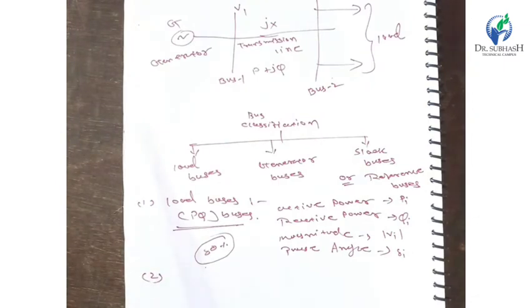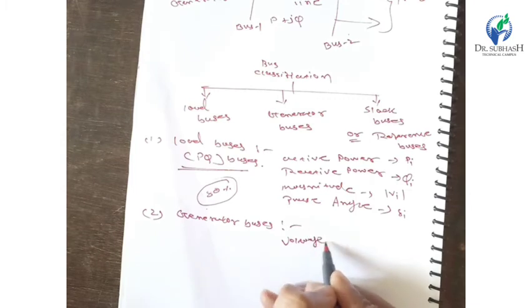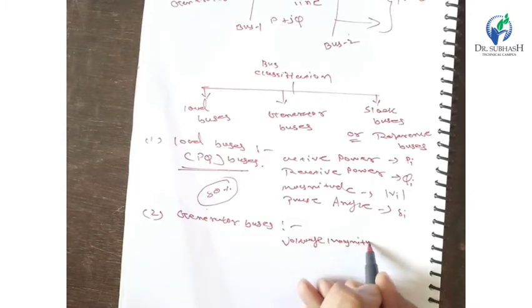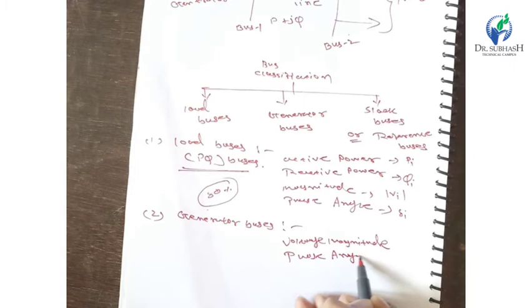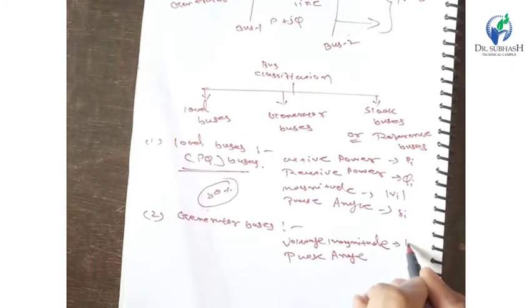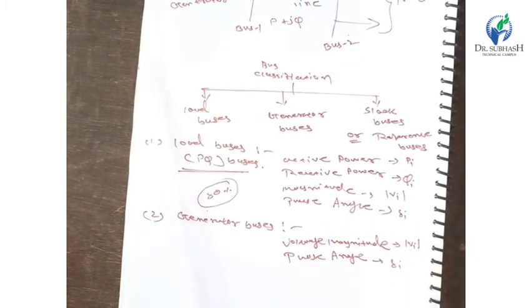The next point is the generator bus. The bus at which the voltage magnitude and active power are specified is known as a generator bus. The voltage magnitude is represented in positive V suffix I form and the phase angle is represented in delta I form.